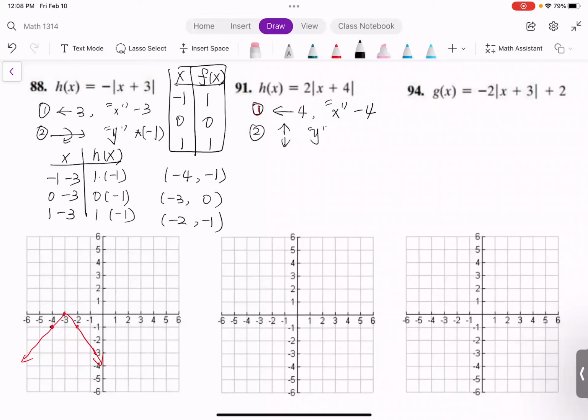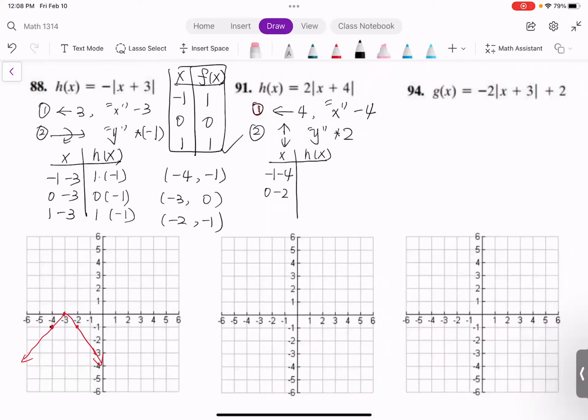All the y multiplied by 2. And the new key points, they are x, h of x. Based on the original key points, let's do the transformation. X minus 2, -1 minus 2, 0 minus 2.